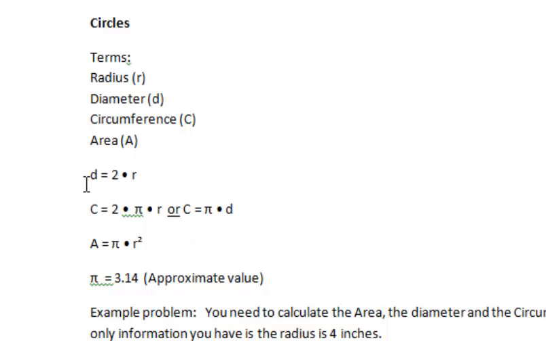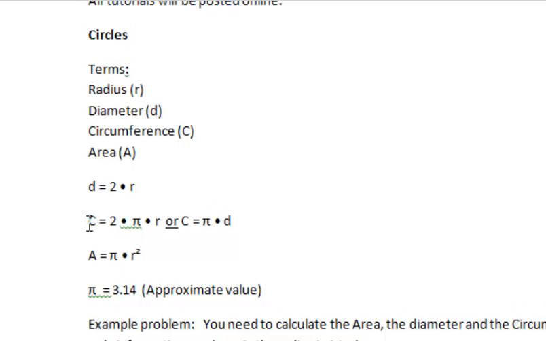Then I'm going to walk through a demo in a minute, but the formulas in order to calculate these different items are: d, or diameter, is equal to 2 times the radius. The circumference is equal to 2 times the value of pi times radius.